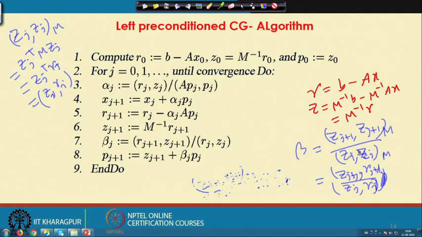So, we will get this particular beta evaluation from here. z_{j+1} transpose M z_{j+1} will be nothing but the dot product between z_{j+1} and r_{j+1}.